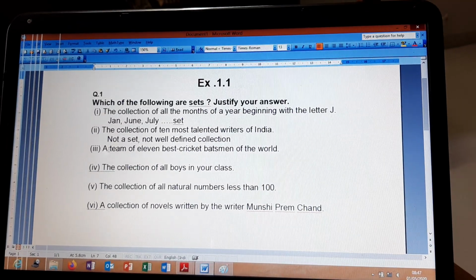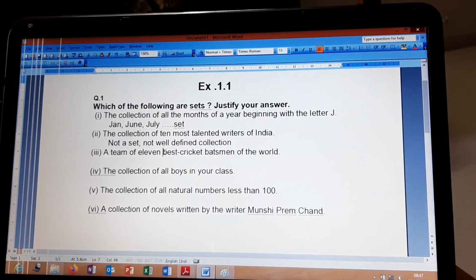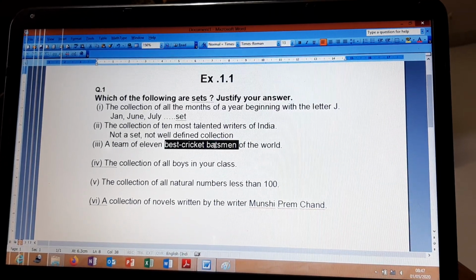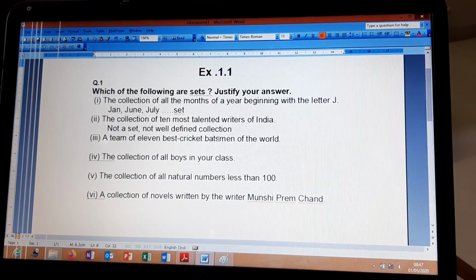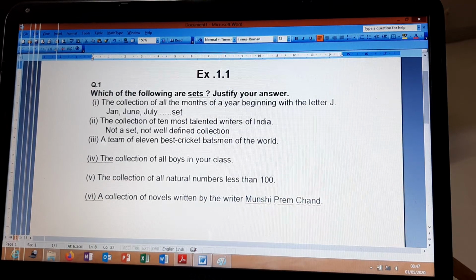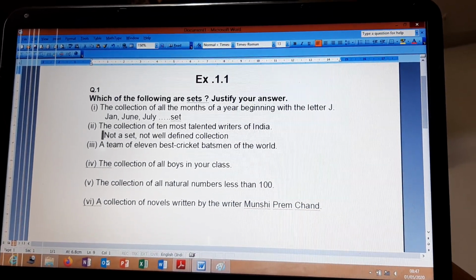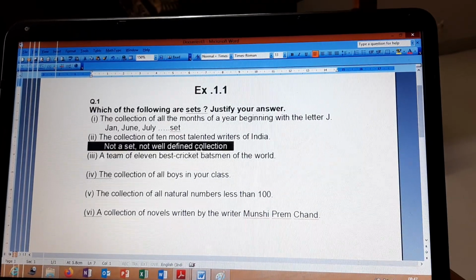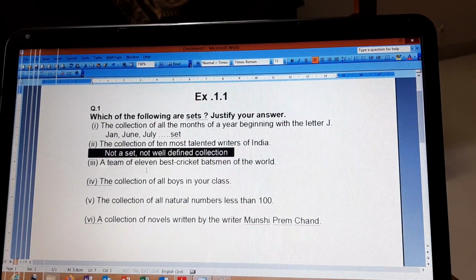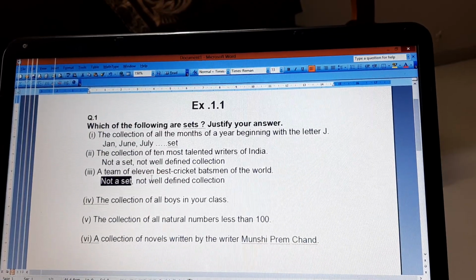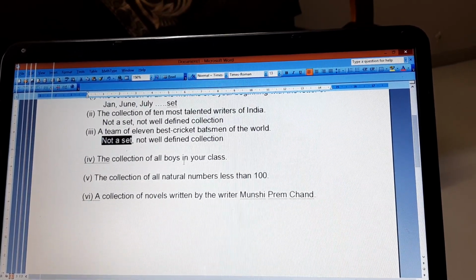Third, a team of 11 best cricket batsmen. Now again, the word best is not well defined. How do you say that one cricketer is best and one is not best? So same answer here, not a set, because it is not a well-defined collection.